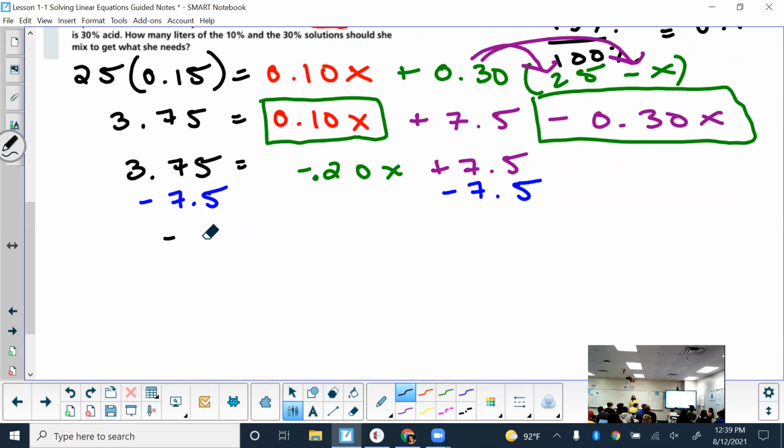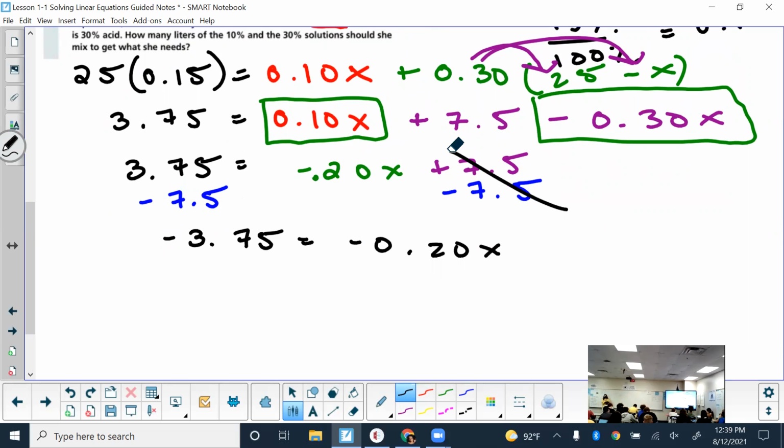So use that calculator. If you don't have a handheld calculator, just do it on your Chromebook. What is it? Negative 3.75. Negative 3.75. All right, equals negative 0.20x. And the 7.5 is canceled.